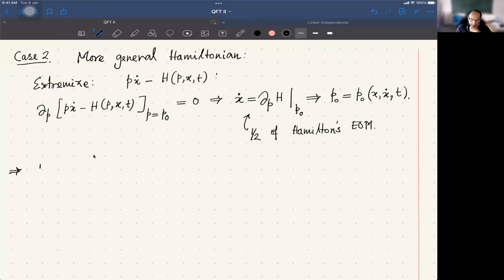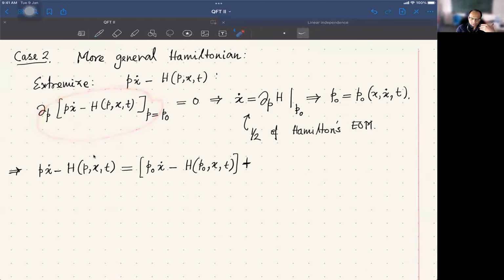So therefore, this function p x dot minus h(p, x, t) can be written as p0 x dot minus h(p0, x, t), calculated at the extremum, plus, right? We're Taylor expanding around that point. So this function evaluated at the extremum plus the first derivative term, which will be 0. That is this condition. So if we forget about that, then the sum over n greater than or equal to 2.